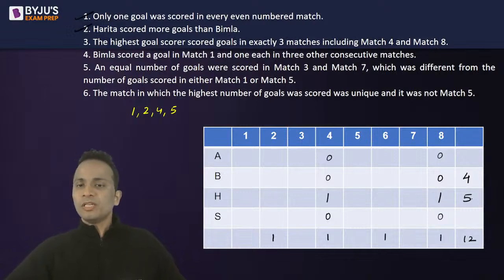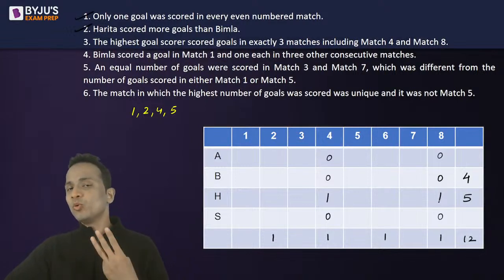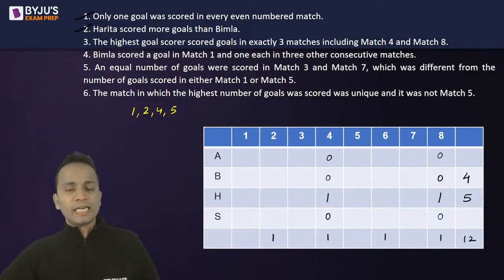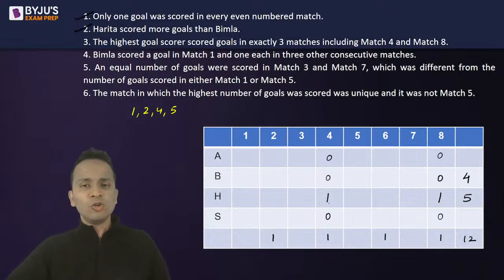This person has a total of 5 goals, 1 goal in match number 4, 1 goal in match number 8. Since this person has scored in only 3 matches, in one of the matches this person will now score 3 goals. Right? So this person has already scored in 2 matches.